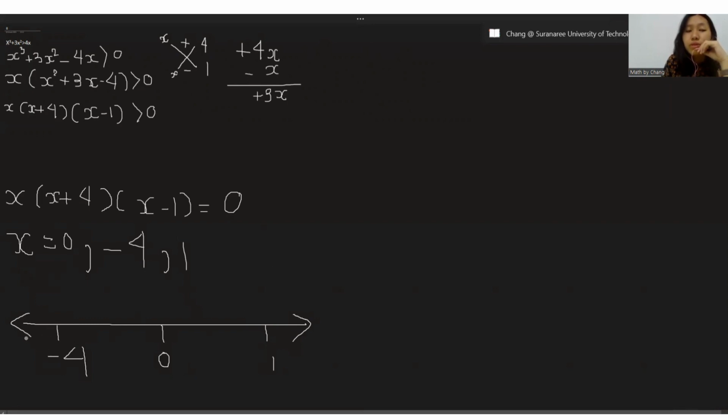You need to consider these intervals, so I will sketch the graph here.